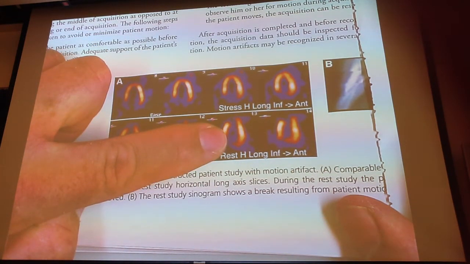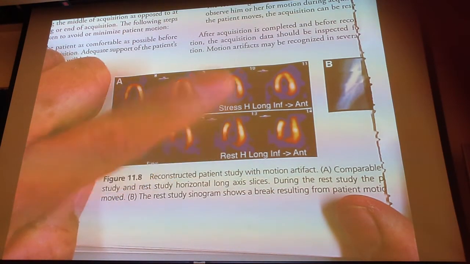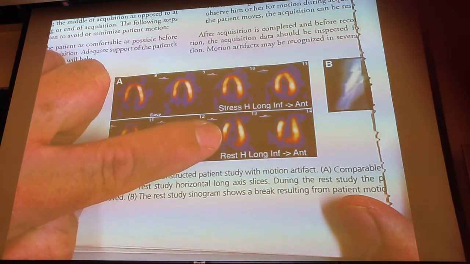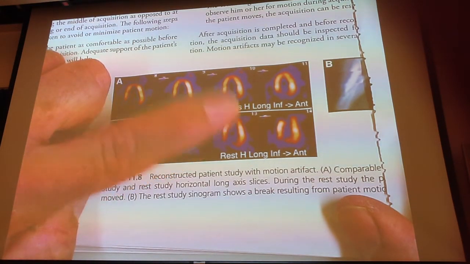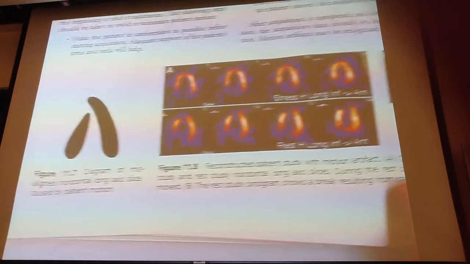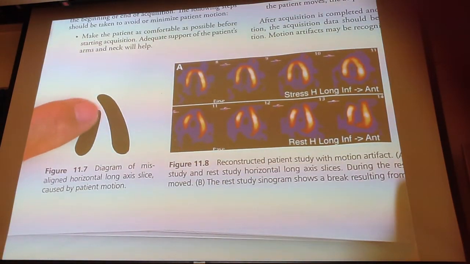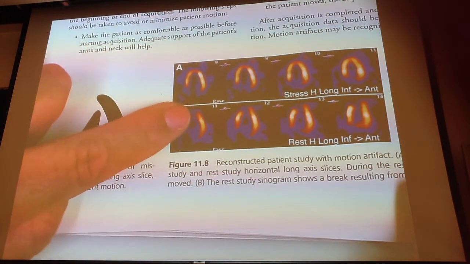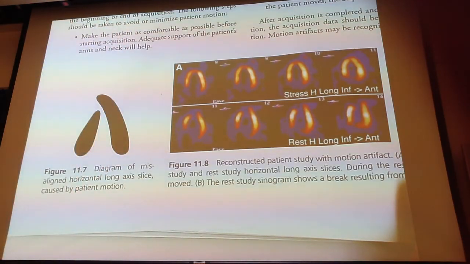That should not happen physiologically. The only time that would happen is if you had a misadministration, or not a misadministration, but an infiltration. But if you have a misalignment, that's a clue that your patient probably moved on you.